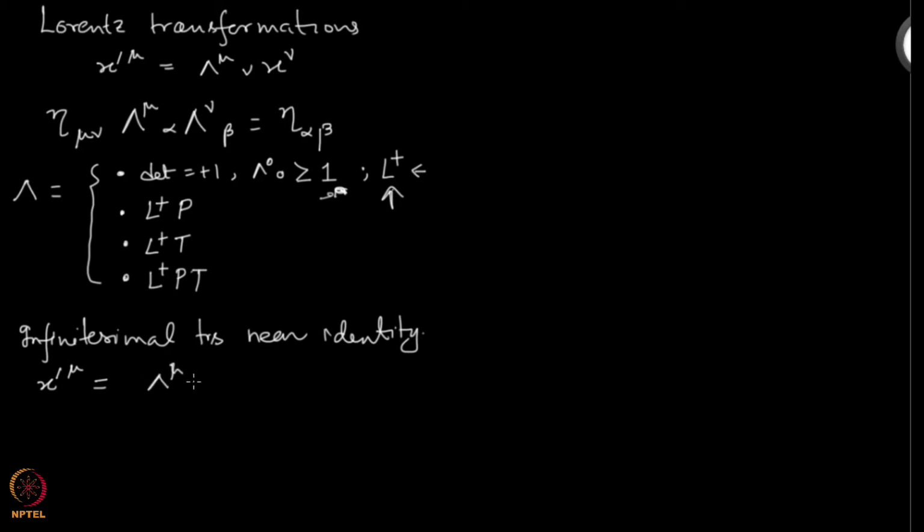In general I will write x'^mu = lambda^mu_nu x^nu, and if there was no transformation at all, then you are sitting at the identity element, and that is just delta^mu_nu. But we are saying we are infinitesimally away from identity, so let's say omega^mu_nu are the parameters that parameterize how much further away you are from identity.